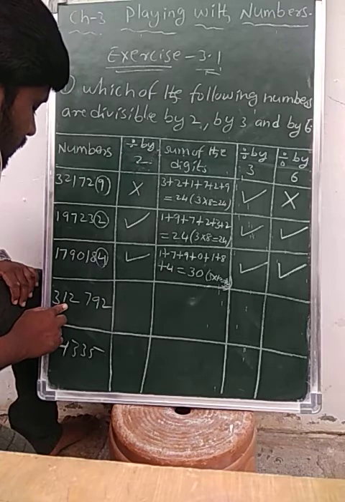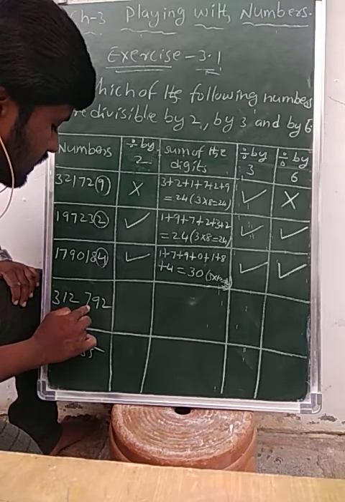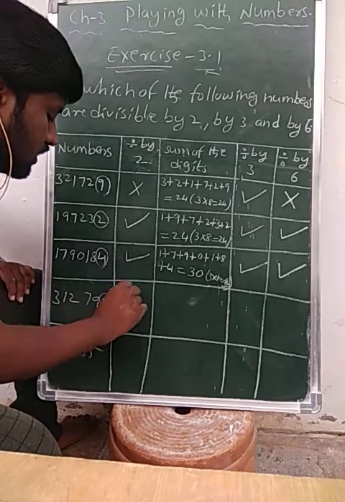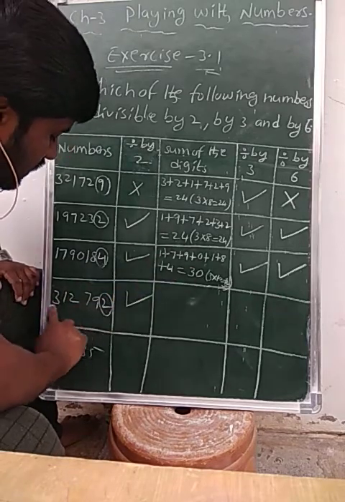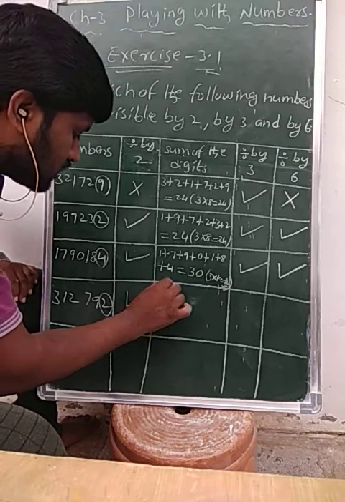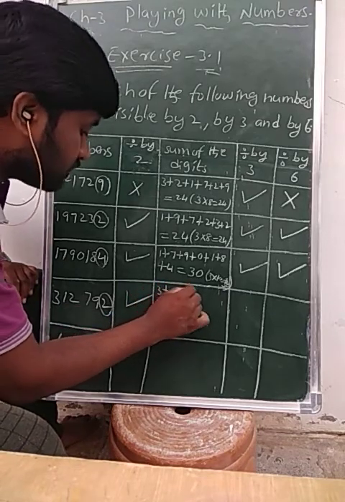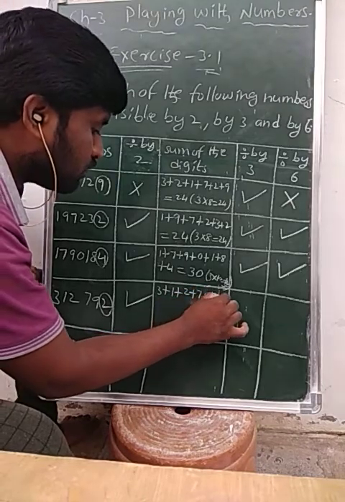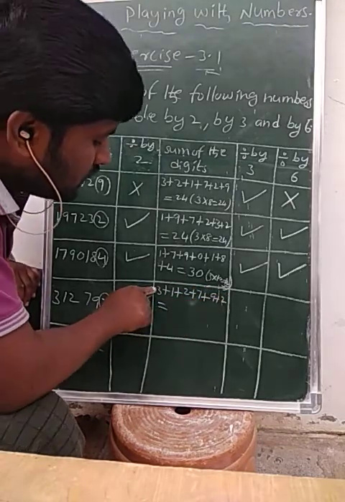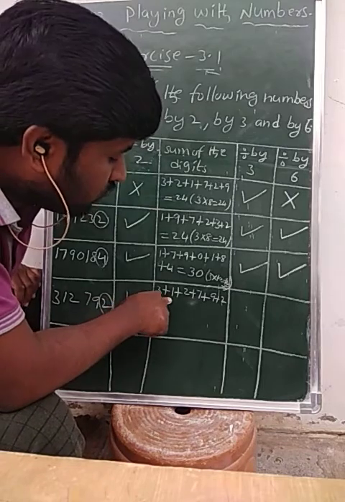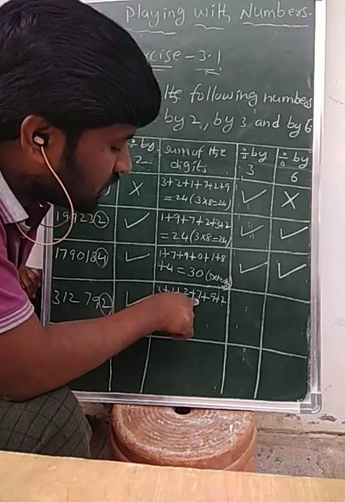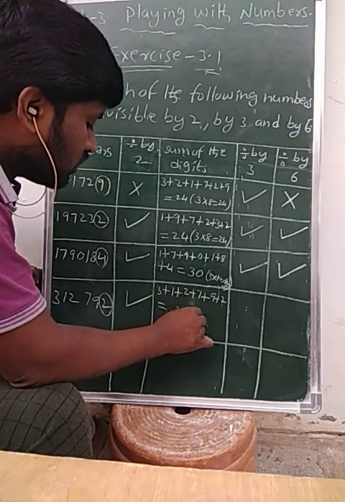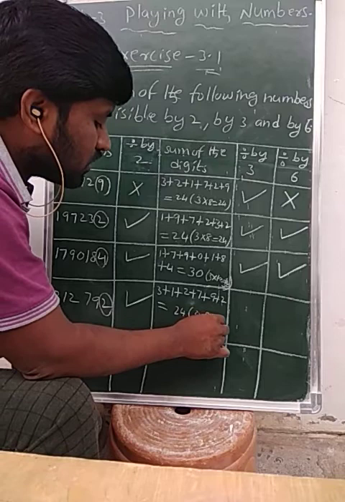That is 3,12,792. The ones place digit is 2, so it is divisible by 2. The sum of the digits is 3 plus 1 plus 2 plus 7 plus 9 plus 2, that is 3 plus 1 is 4, 4 plus 2 is 6, 6 plus 7 is 13, 13 plus 9 is 22, 22 plus 2 is 24. 3 8s are 24.